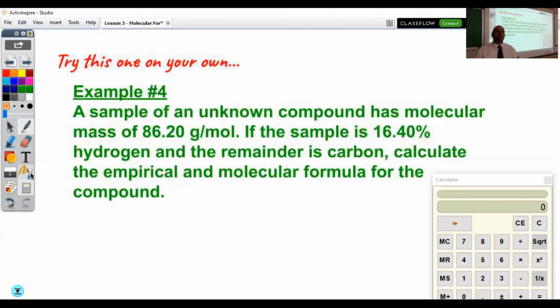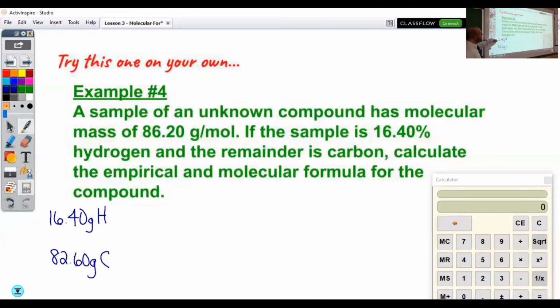So if we know that hydrogen is equal to 16.40%, we're going to change that to 16.40 grams of hydrogen. There are only 2 components to this compound. So carbon has to equal the missing percentage. So the 82.60% that's missing, that's going to be due to carbon.